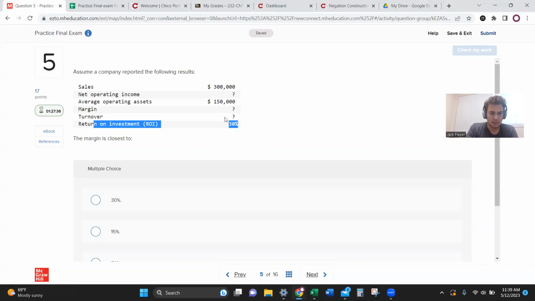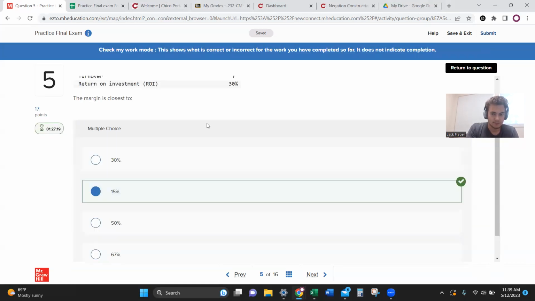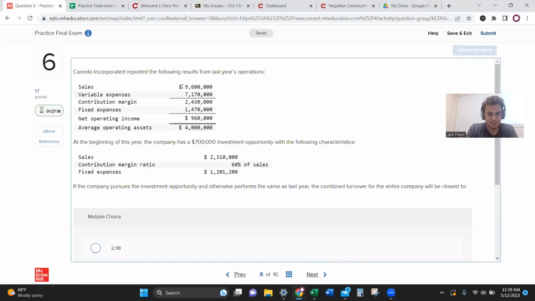And we get our net operating income of 45,000. And then to get our margin, we can just divide our 45,000, which is our net operating income, divided by 300,000, which is our sales, and we can get 15%. Never a no.